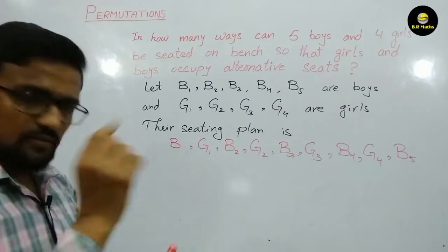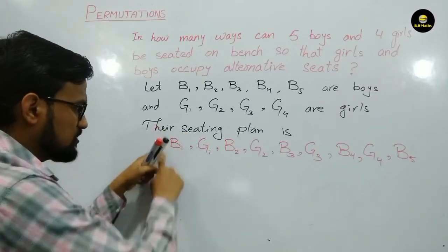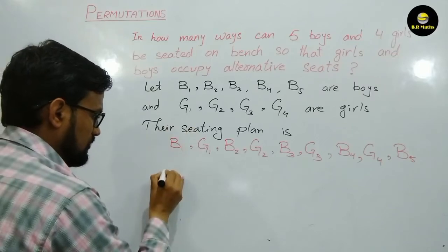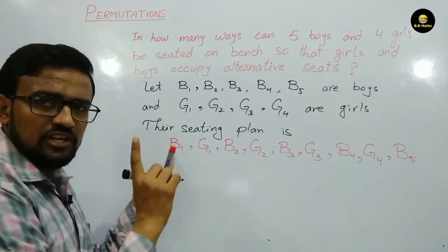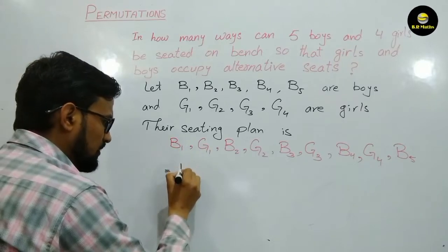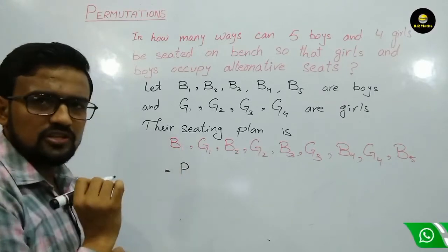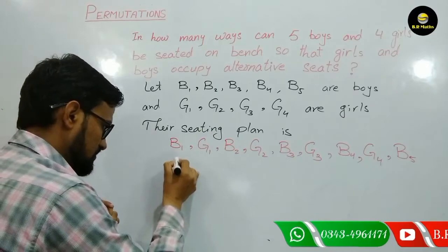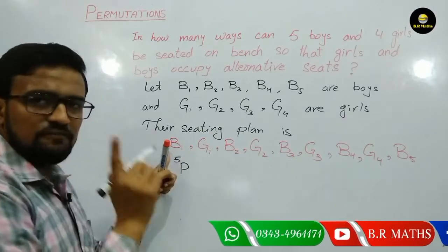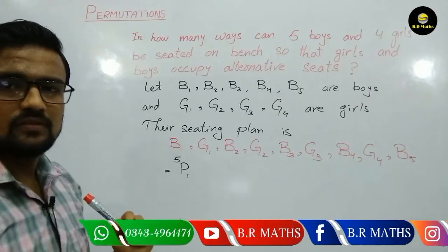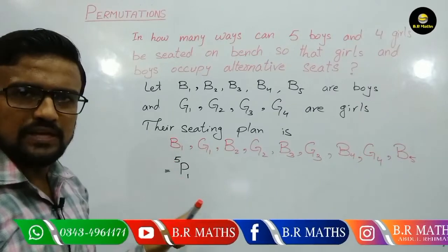So the first seat is booked for a boy. The first seat is booked for the first boy, and according to permutation, there are a total of 5 boys, so this is 5P1.